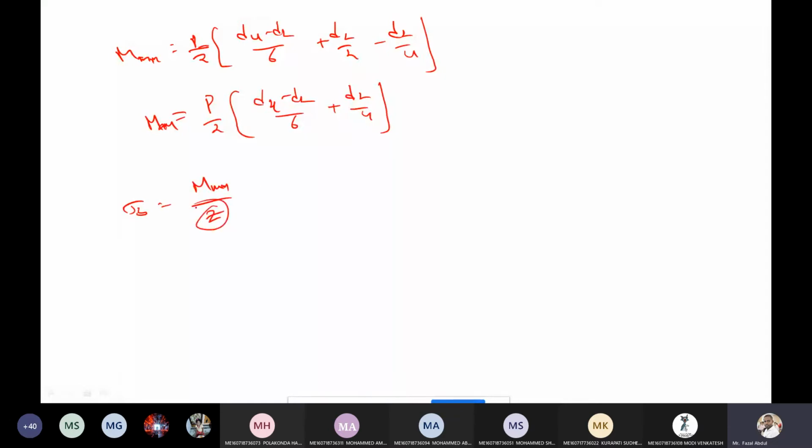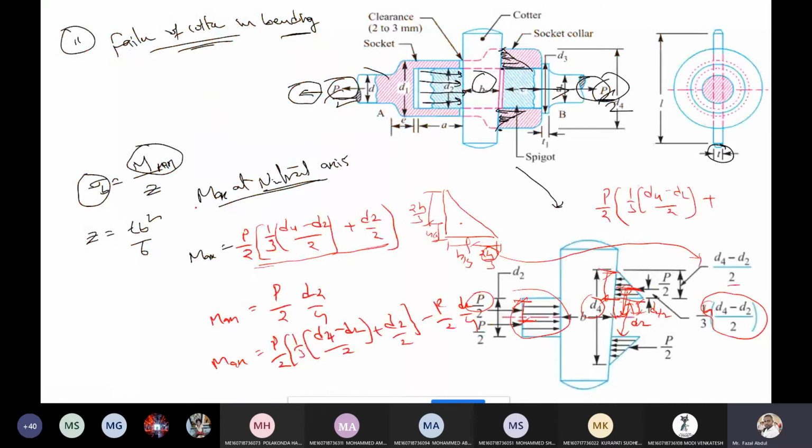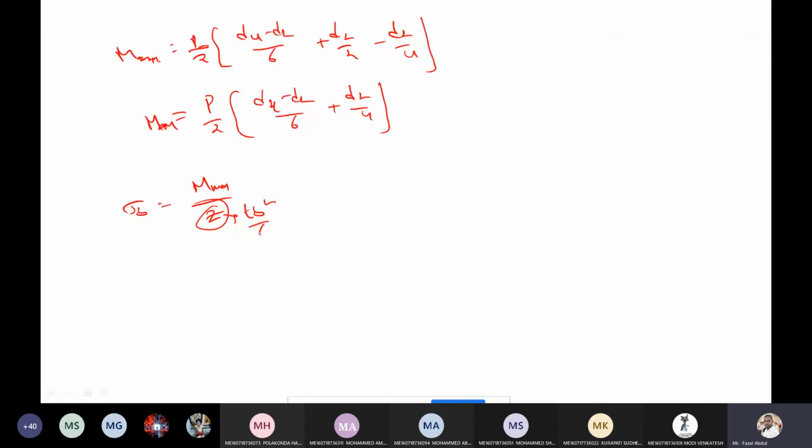So what is the section modulus for the quarter? TB square by 6. Bending moment, write it here: P by 2 into D4 minus D2 by 6 plus D2 by 4, by TB square by 6.